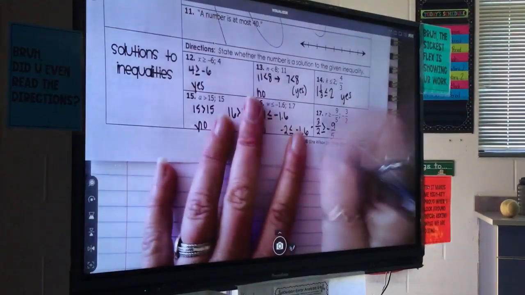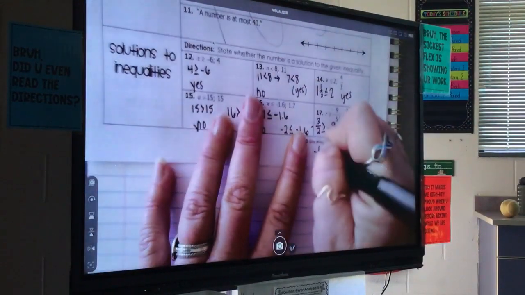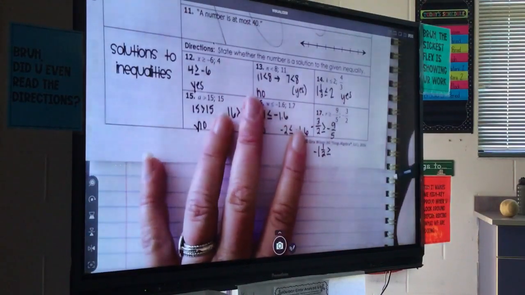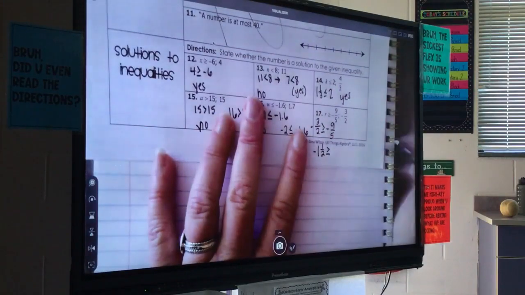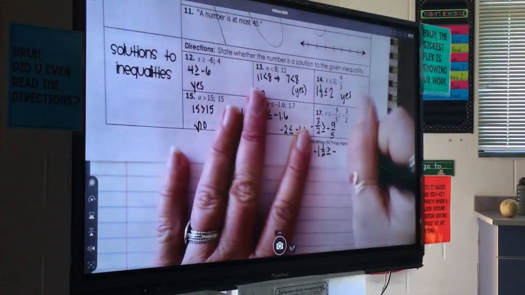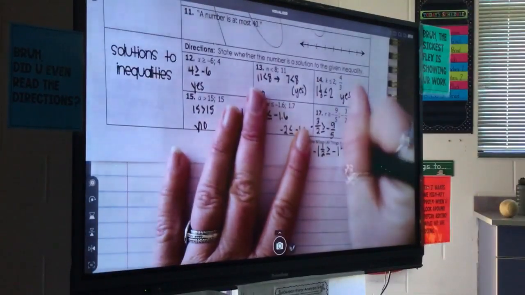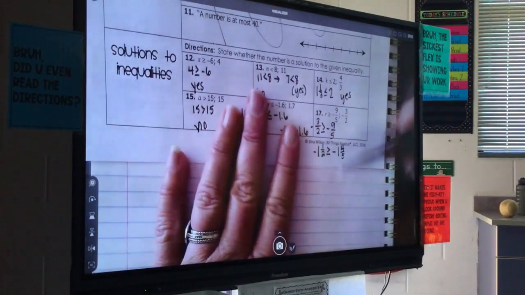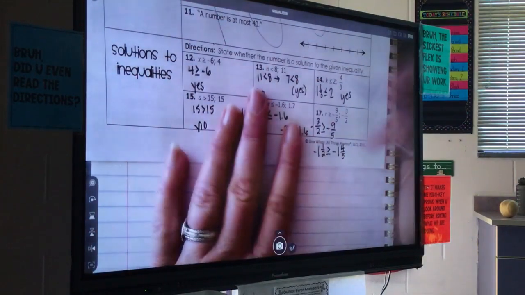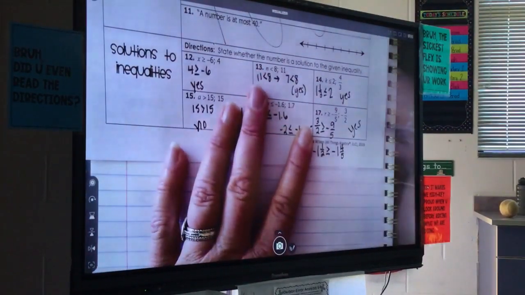Audrey. Negative 1 1/2, and I'm saying is greater than or equal to what is 9/5? What do we change that into? What is it? 1 4/5. All right, so we're saying that negative 1 1/2 is greater than or equal to negative 1 4/5. Do we agree? You should agree. That should be a yes.